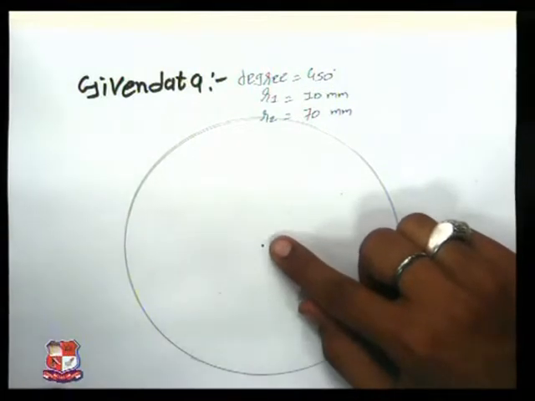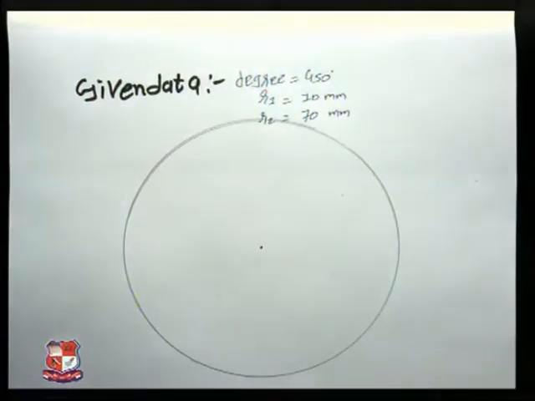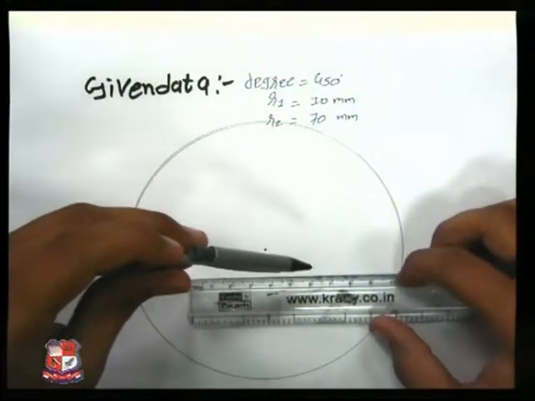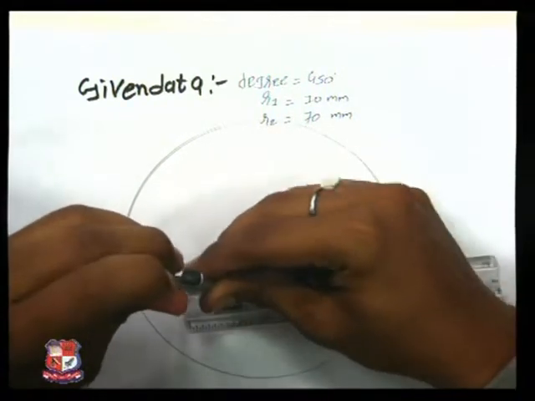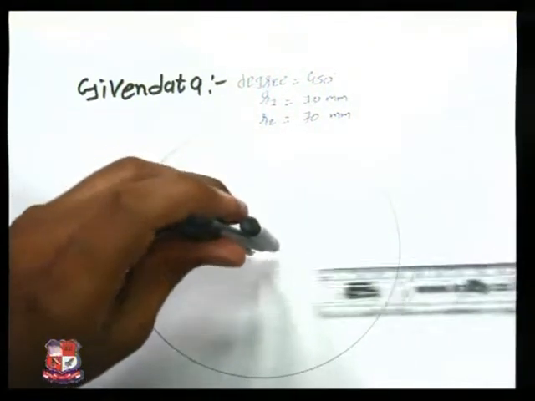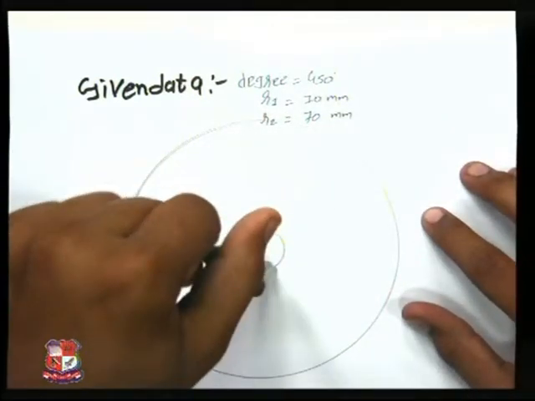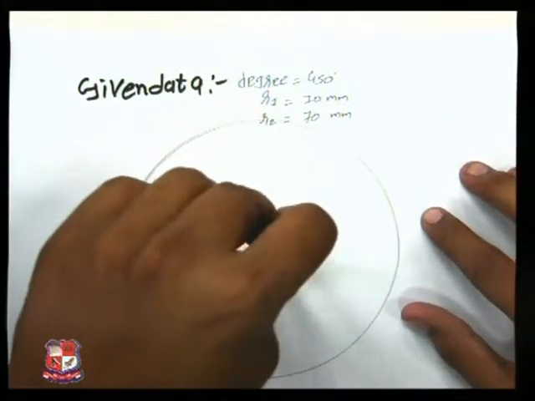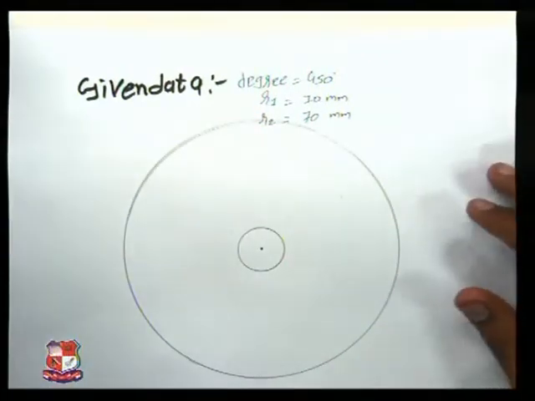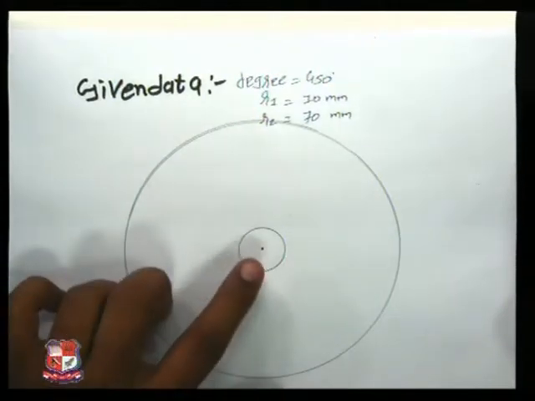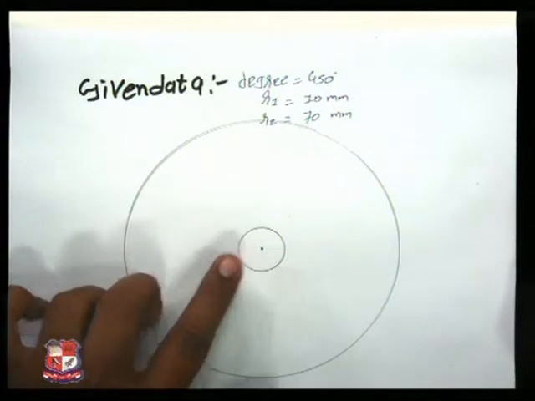Using the same center, we will draw a circle of radius 10 mm. The outer circle is of 70 mm radius and the inner circle is 10 mm radius. They are concentric circles as the center is the same.